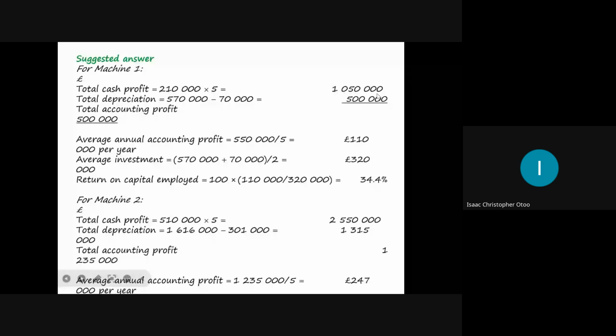As I said, the total income minus the total depreciation. So that will give you 570 minus 70. That's 500. So it's the cost minus the scrap value.